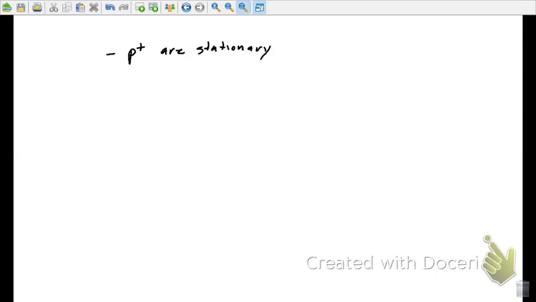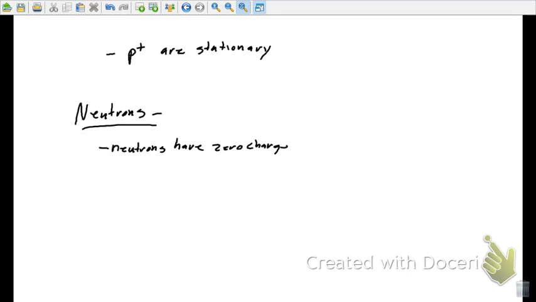Okay, so the partner with protons in the nucleus would be neutrons. Let me give you a little information about neutrons. They are of neutral charge, or 0 charge. They are similar in mass to a proton.